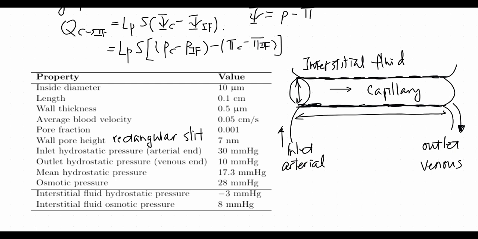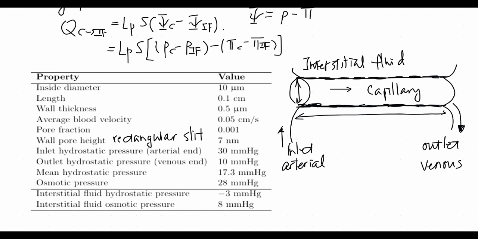And also we assume a constant interstitial fluid osmotic pressure. You can see the osmotic pressure within the capillary is higher, by 20 millimeter mercury, than the osmotic pressure in the interstitial fluid. This is because of the protein retention we discussed in an earlier lecture. There are more proteins inside of the plasma than in the interstitial fluid, because some big proteins cannot leave the capillary due to their size limit.